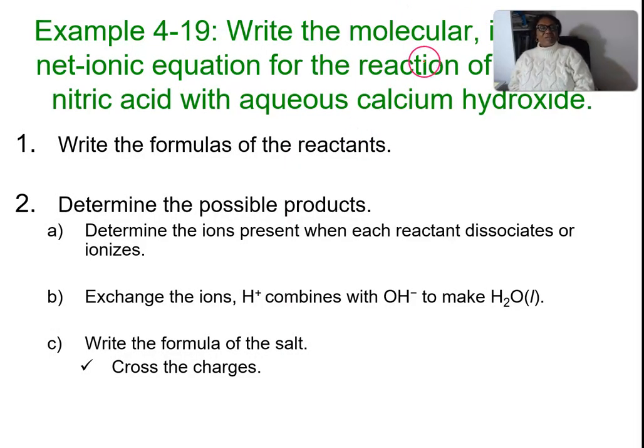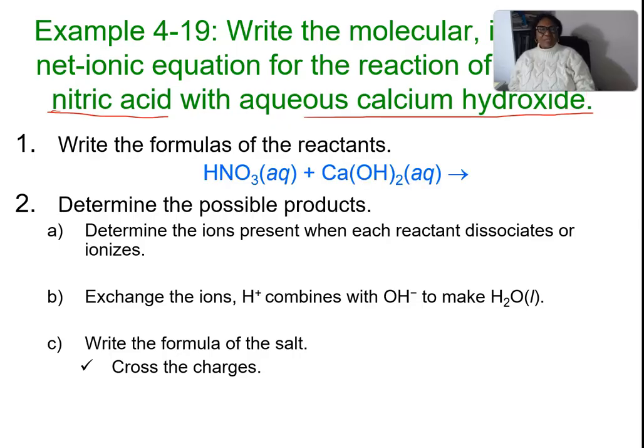So we want to write the formula of molecular, ionic, and net ionic equation for the reaction of aqueous nitric acid with aqueous calcium hydroxide. So let's see how that goes. So these are the reagents.